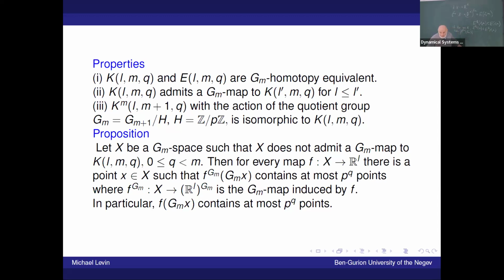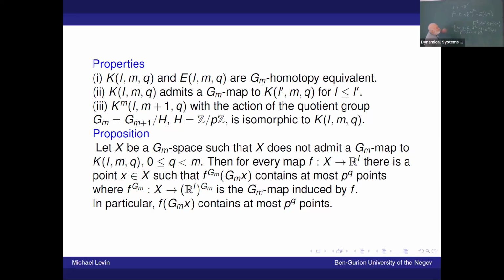So the whole orbit will lie in this invariant subspace, and the image of the orbit will be all inside the key.